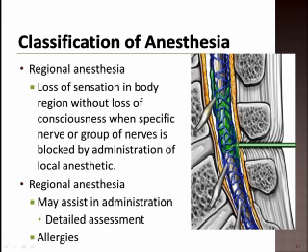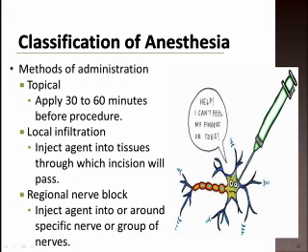Disadvantages include technical difficulties, discomfort at the injection site, and inadvertent vascular injection leading to refractory hypotension, dysrhythmias, and possible seizures. Finally, the ability to precisely match the duration of action of the agents to the duration of the surgical procedure is a limiting factor. Classifications of anesthesia.